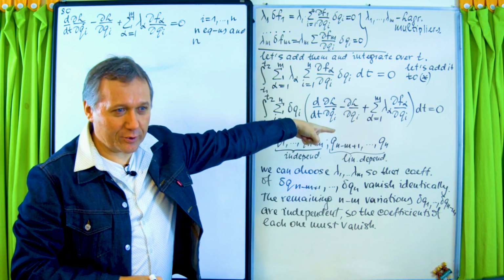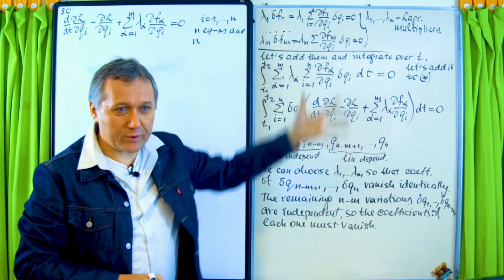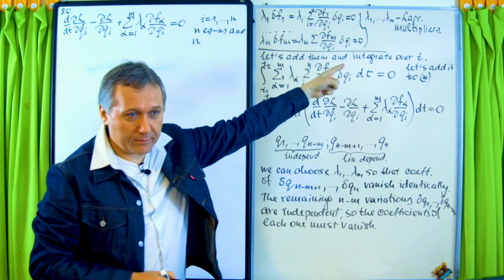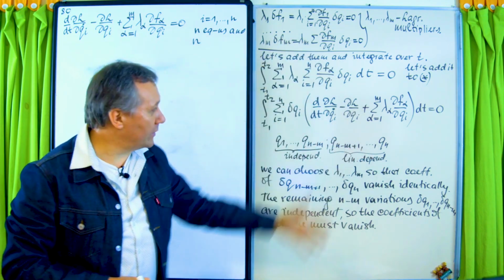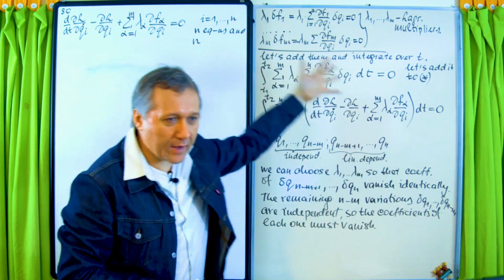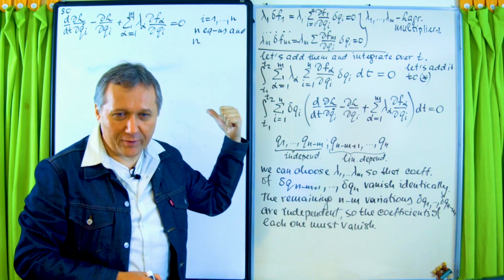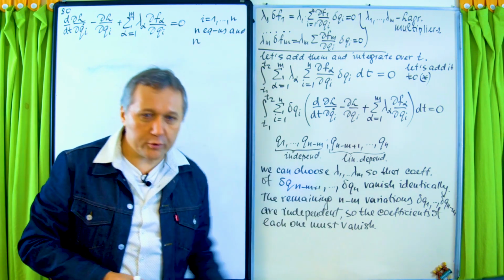But we also introduced our killers, those additional terms, those undetermined multipliers, those lambdas, and there are m of them. We also need to find them. We said in words that we can choose lambdas so that those factors are 0, but those are words. We will still have to find them eventually, so those are also unknowns.